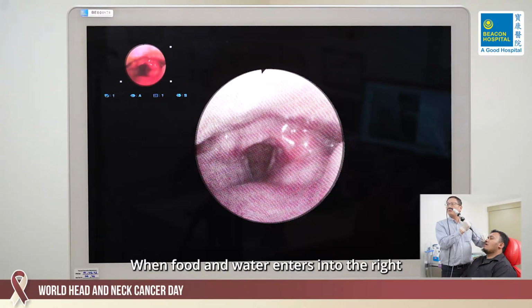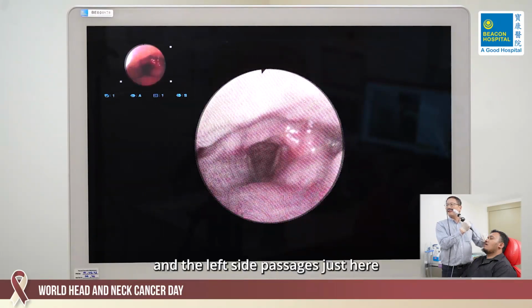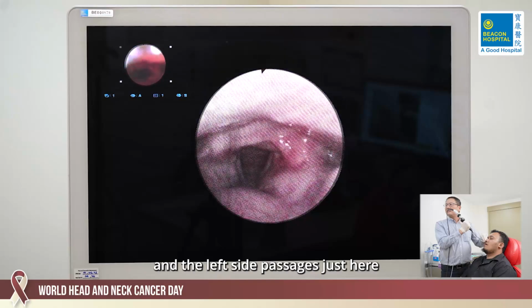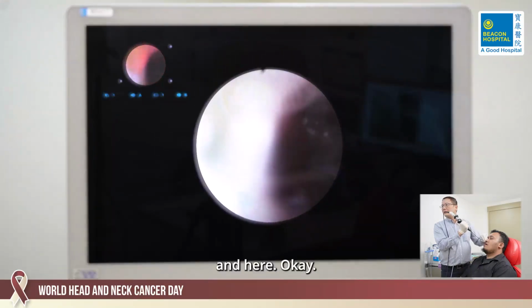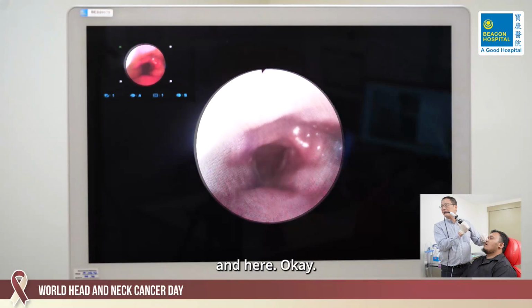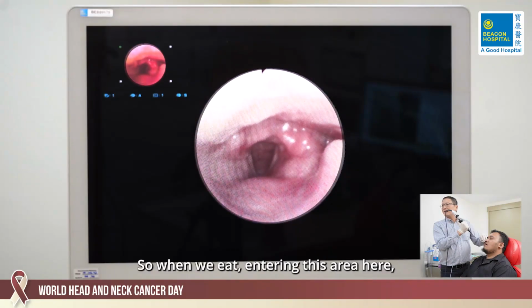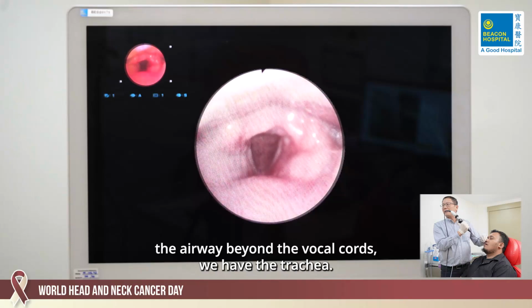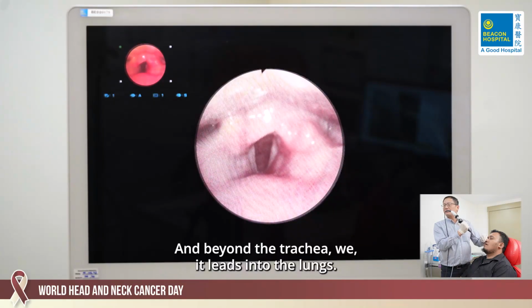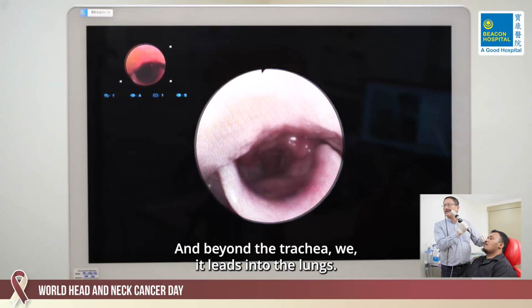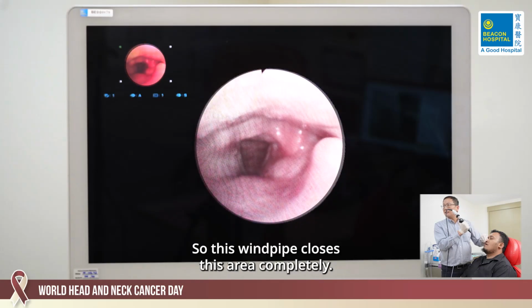So when food and water enters into the right and the left side passages, just here and here, okay? So when we eat and drink, this area here, the airway, beyond the vocal cords, we have the trachea, and beyond the trachea, it leads into the lungs. So this windpipe closes this area completely.